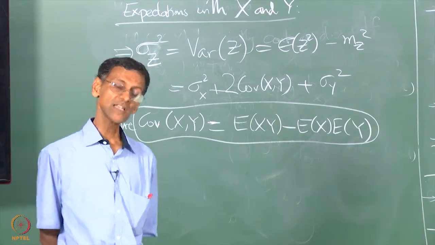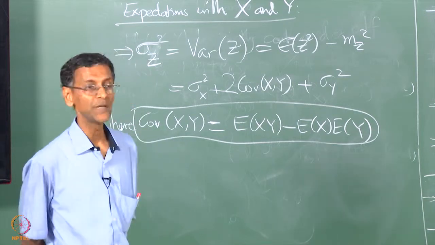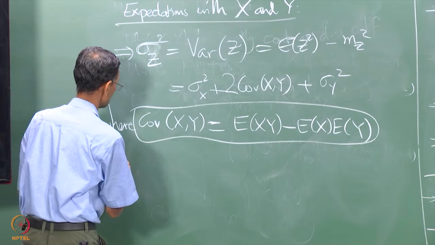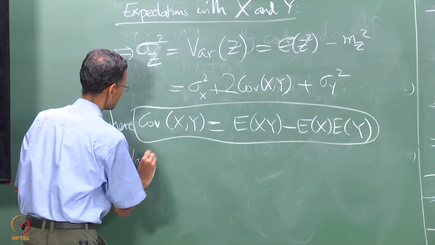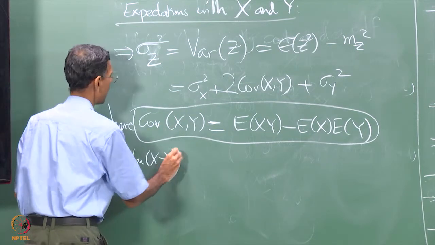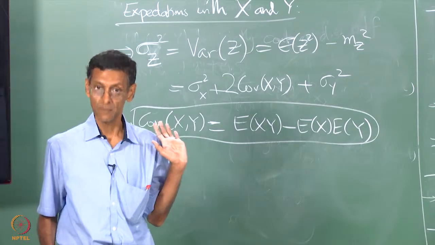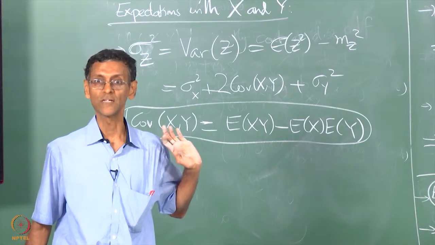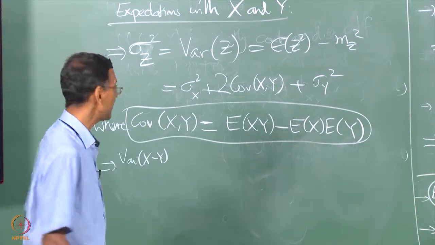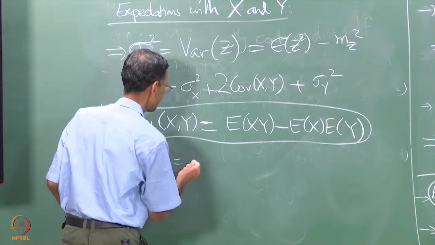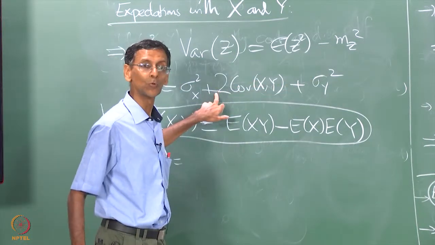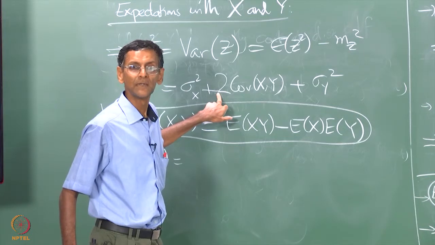If I took the difference instead of the sum, what would be the resulting variance of x minus y? Now look at the power of this notation, I can just simply write variance of x minus y. I do not have to give it a name u or v or anything. It turns out again these two will come always with a positive sign, this term alone will become negative.